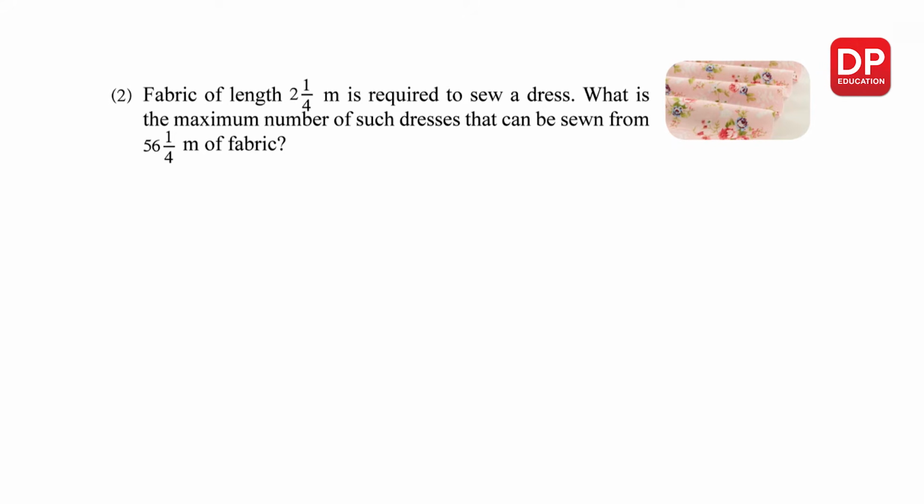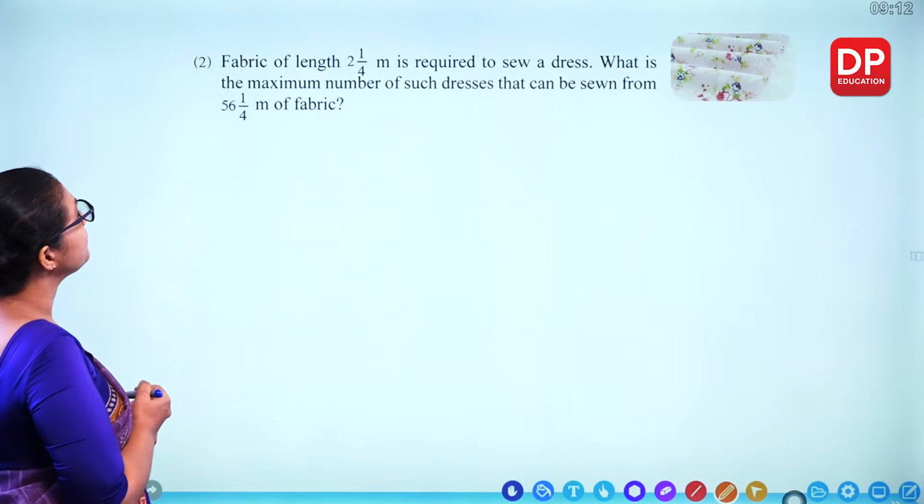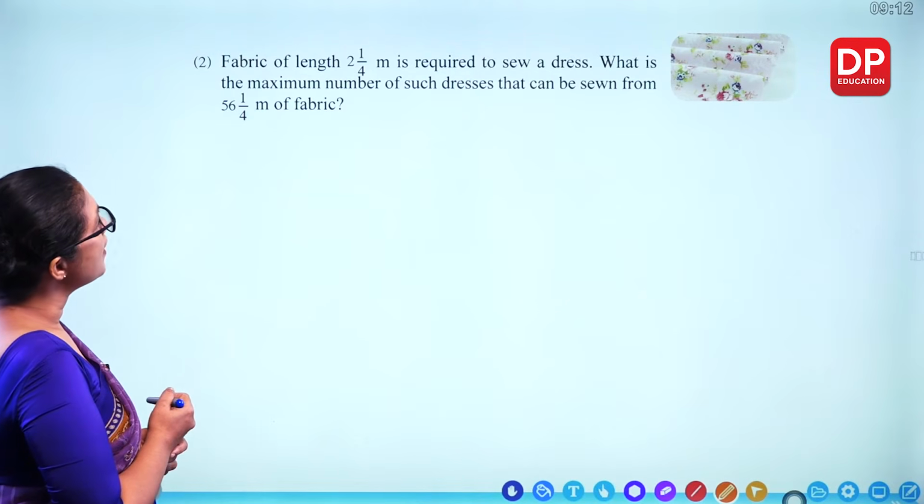A word problem. Fabric of length 2/4 meters is required to sew a dress. What is the maximum number of such dresses that can be sewn from 56 1/4 meters of fabric? So how do you find out?